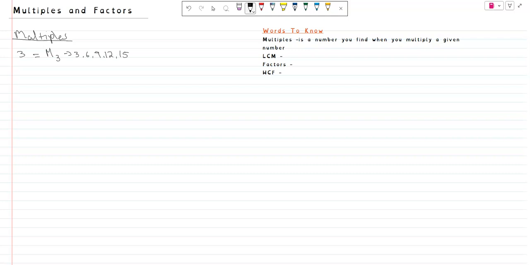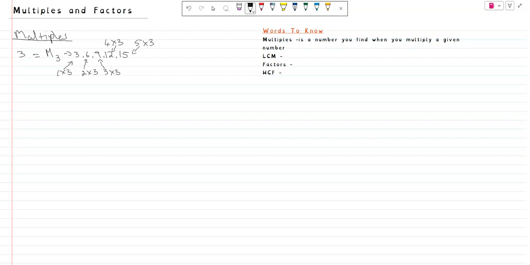How do I get these numbers? 1 times 3 equals 3. 2 times 3 equals 6. 3 times 3 equals 9. 4 times 3 equals 12. And 5 times 3 equals 15.